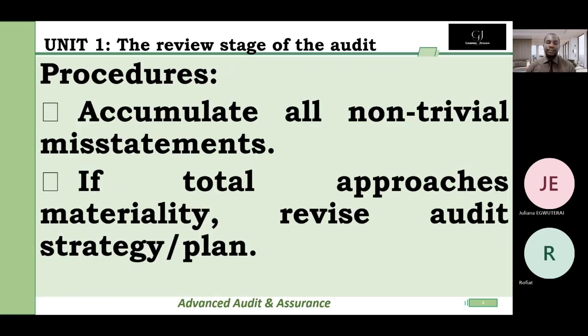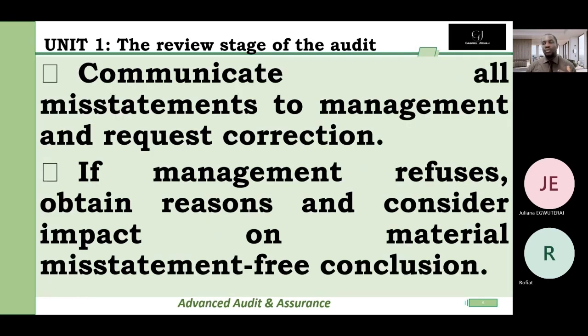And if the total approaches materiality, we revise our strategy or audit plan. Any issues during the audit, we need to communicate all the misstatements to management and also request their correction. So we need to correct it. We need to communicate to management for their correction.